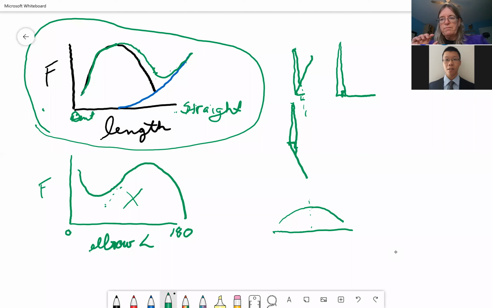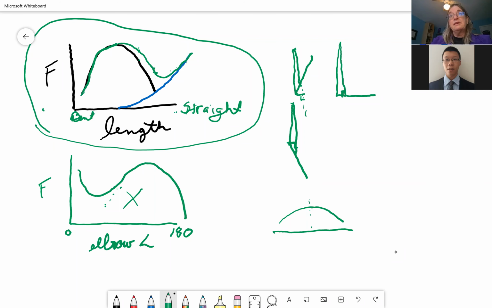Because yeah, I just had trouble tying them together, because I could understand the concept, but I couldn't represent it exactly graphically. So this helps a lot. Yeah, so I think what happens is around here is 90 degrees, but when you do elbow flexion, you can think that 90 degrees is when you get your max.